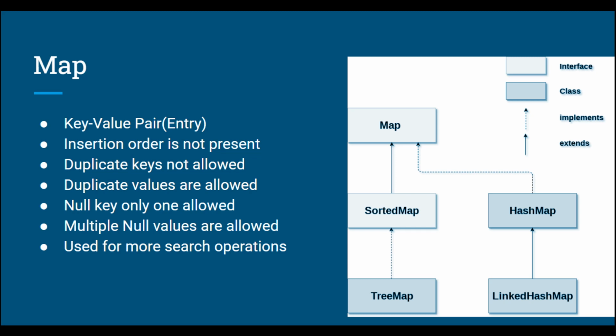And also duplicate keys are not allowed. That means whenever we try to insert a key, we cannot insert a duplicate. Like if you try to insert one key two times, it will update that, but it will not give an exception. Whenever you try to insert an element, first it will check whether the element is present in the map.